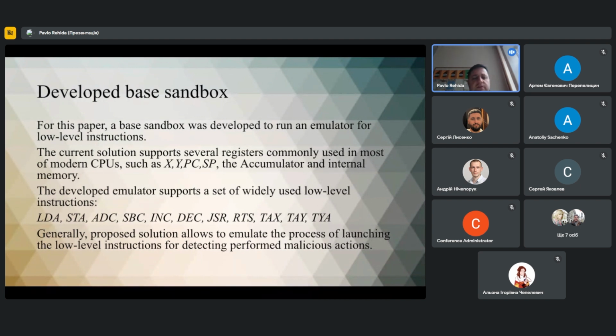The developed emulator supports a set of widely used low-level structures, and the list of them is described. Generally, the proposed solution allows emulating the process of launching a list of low-level instructions, and then it can be used for detection of the performed malicious actions.